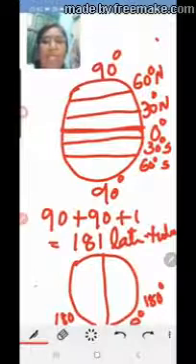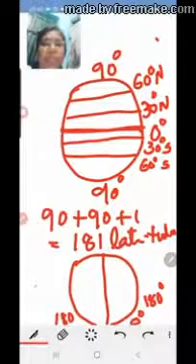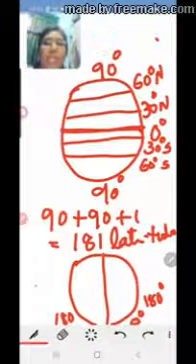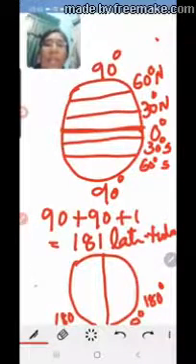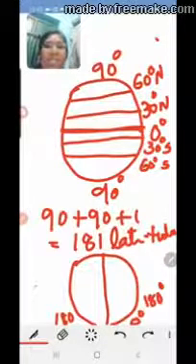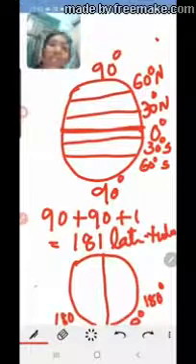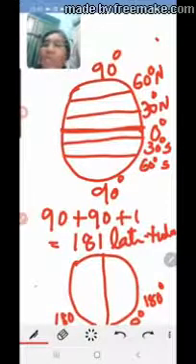So how many meridians are there? 180 plus 180. Why? Because here is 0 degree, and just diametrically opposite of the prime meridian it is 180 degrees. Since it is a flattened surface, just for your understanding, I have made it 180 in both places, but there is only one 180 degree longitude.